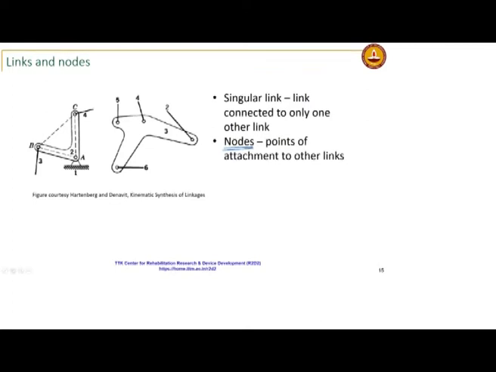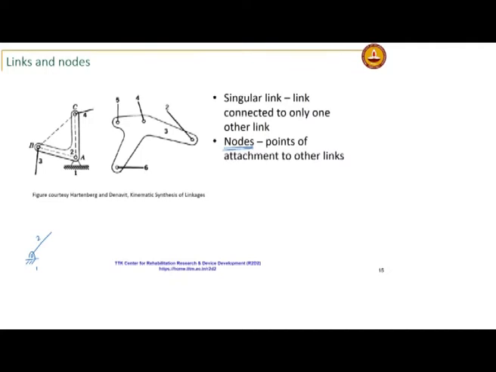If a link is only connected to one other link, like link 2 here, it is an example of a singular link.